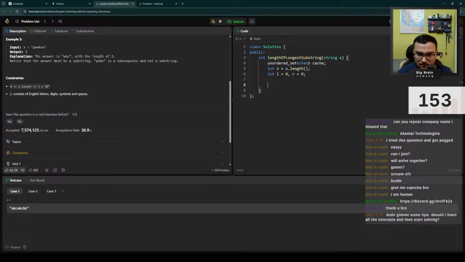Then while, for int r is less than n, r plus plus. Okay, let's get the current character, which is s of r.